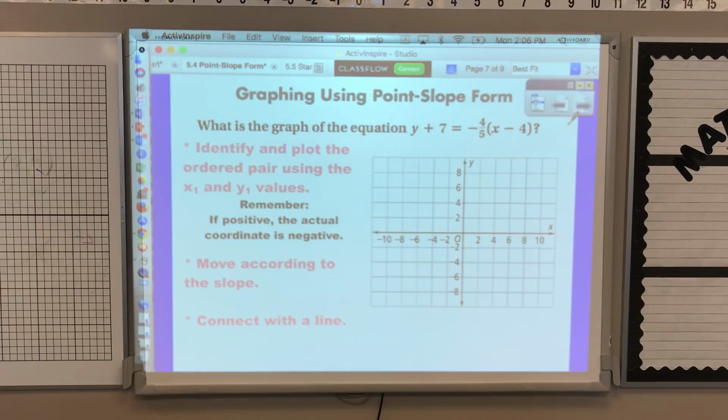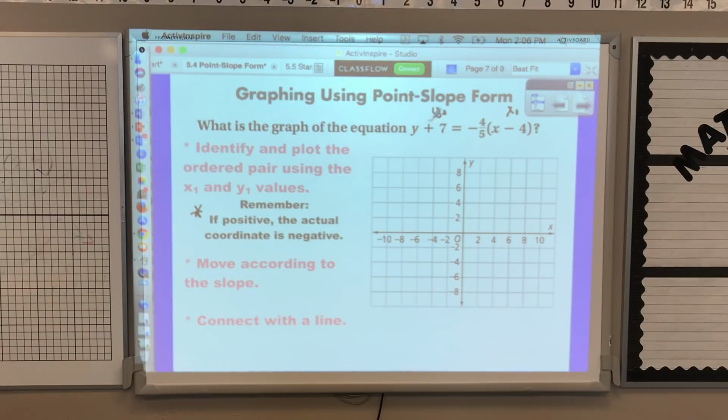Okay? Now the trickiest part of this is to remember that if the operations in the problem are plus, the coordinate is really negative. Okay? So the first thing we're going to do is look at our equation, and we're going to identify our ordered pair, which in this case, here's my y1 and here's my x1. Okay?